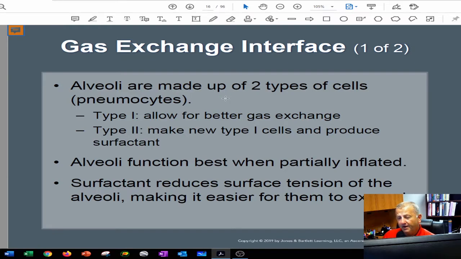But if you had a balloon that's already partially inflated, much easier task to do, right? Well, you can use that example with surfactant. Surfactant allows those alveoli to never completely close, keeps them open to an extent, and allows that surface area to be larger when it comes to gas exchange.